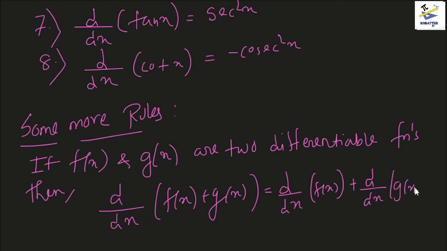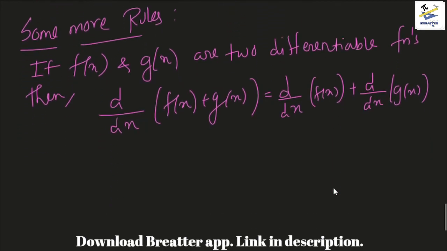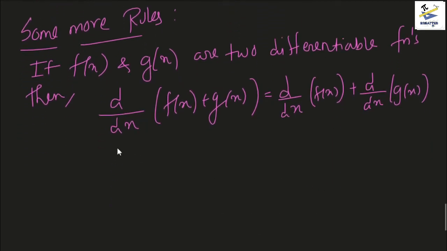So basically, if you are given to find out the derivative of the sum of two functions where both of the functions are differentiable, then the answer is basically the derivative of the first function added with the derivative of the second function.